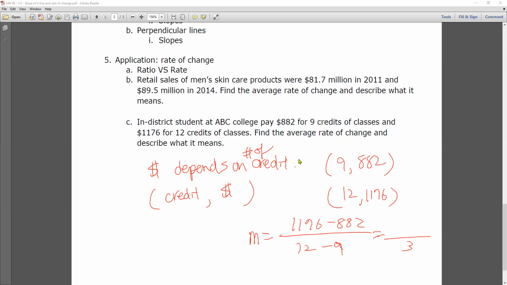That is totally wrong. Let's try this again. 1176 minus 882, which is 294. That sounds more like it. And 294 divided by 3 is 98. So the slope is 98 over 1, $98 per 1 credit. So this is how much it costs per credit at this college.